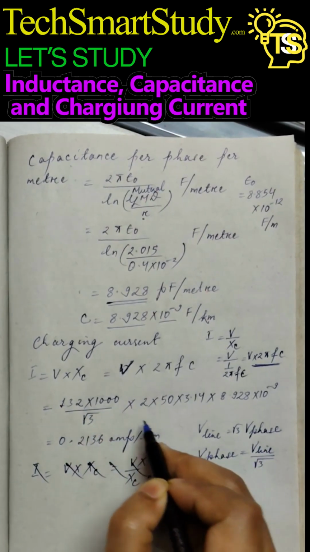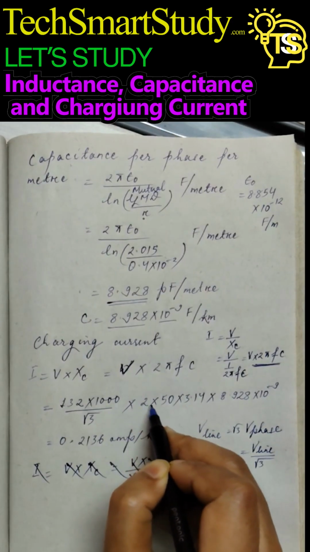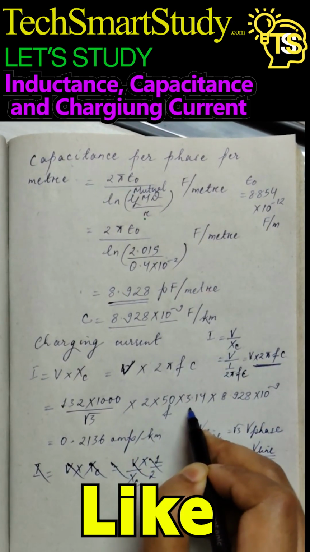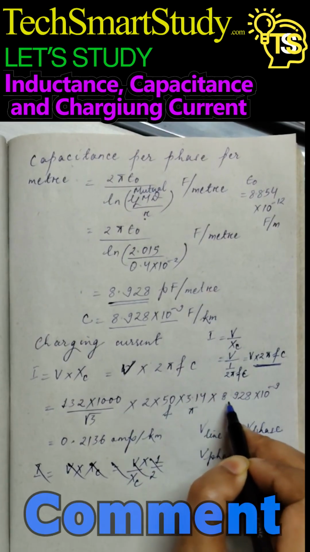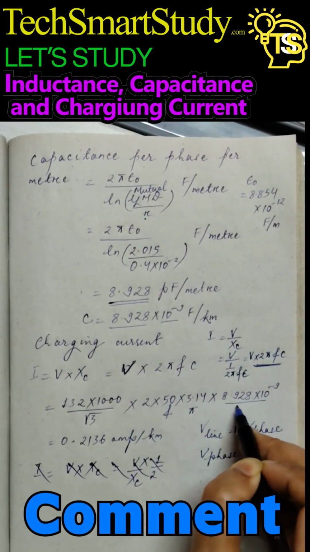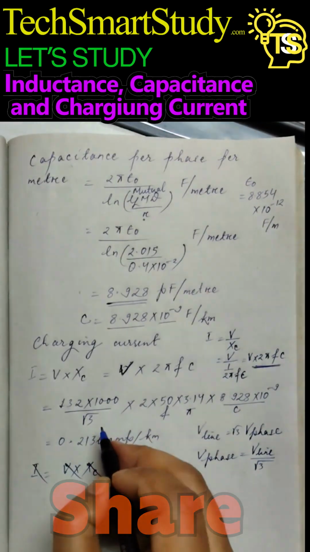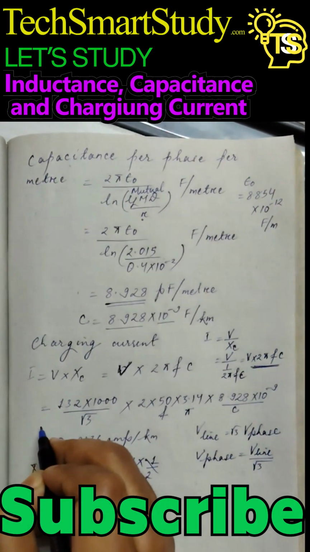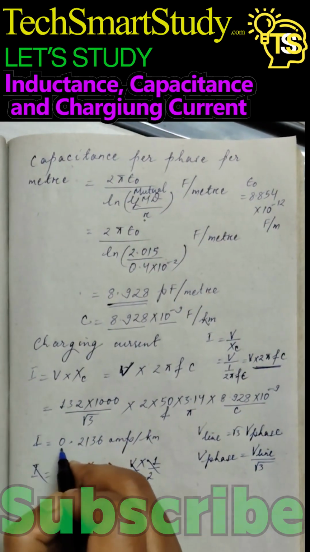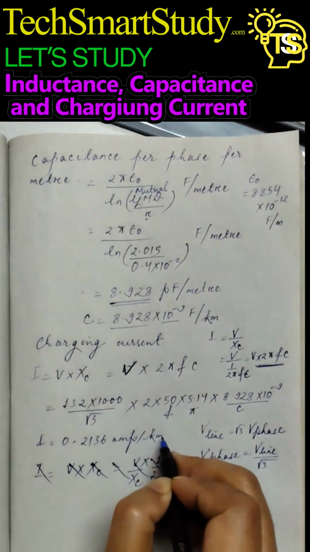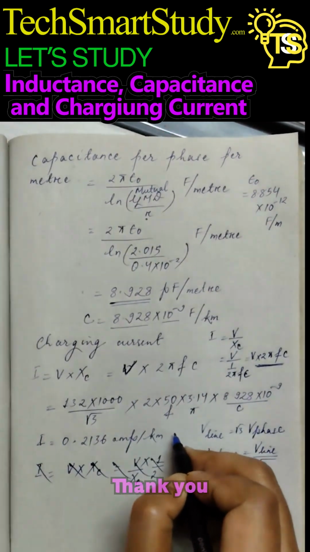So we will get phase voltage, into 2 into 50, that is frequency, 3.14 is pi, and here it is C. So putting all these values, we get I is equal to 0.2136 ampere per kilometer, which is the required answer.